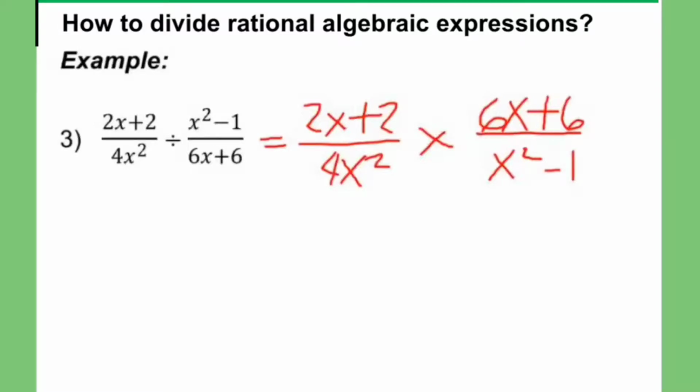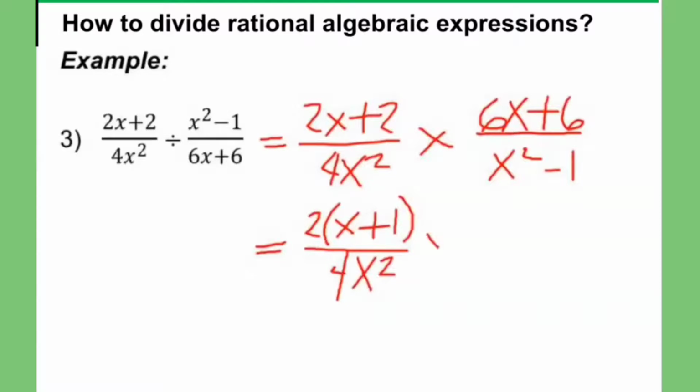Yung 2x plus 2, meron siyang common monomial factor na 2. So, factoring out 2, we will have 2 times x plus 1. We'll just copy the denominator for x squared times 6x plus 6.